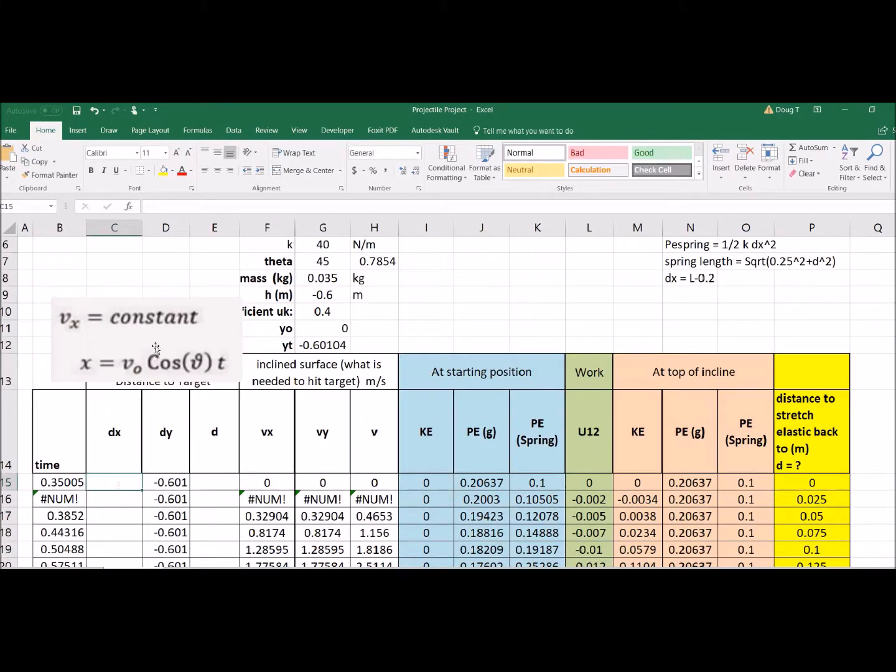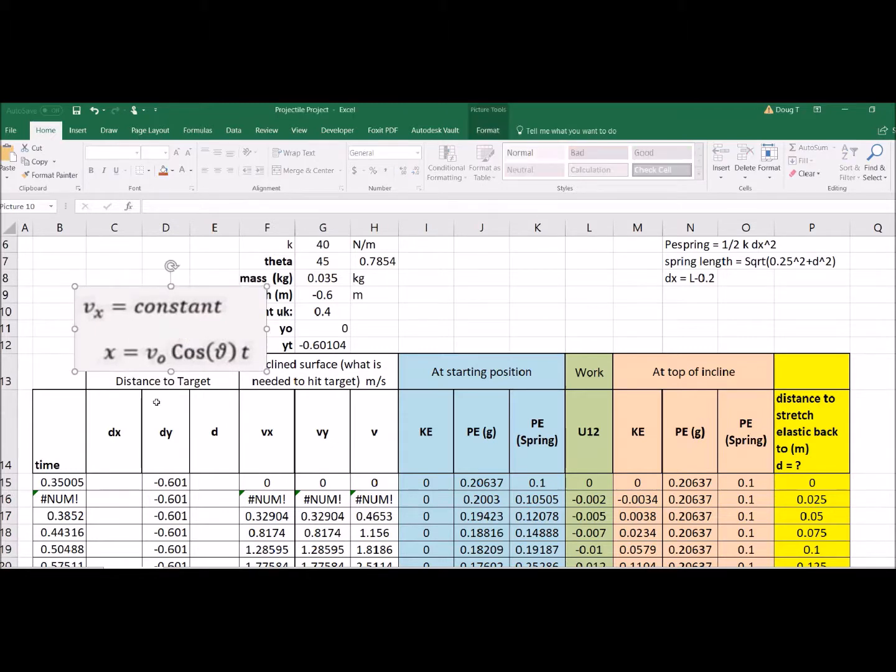For the distance in the x direction, we're going to assume that velocity is constant. There's a little bit of air drag and stuff, but we're going to pretend like that's negligible. So our x position is just equal to our x velocity multiplied by the time it's in the air, which is calculated by that height difference.